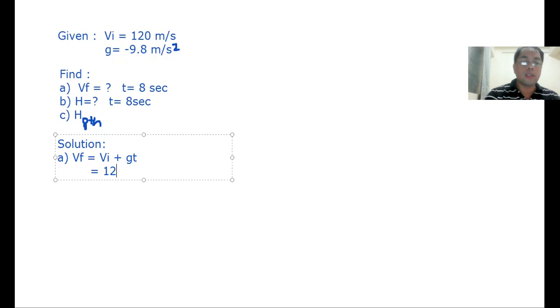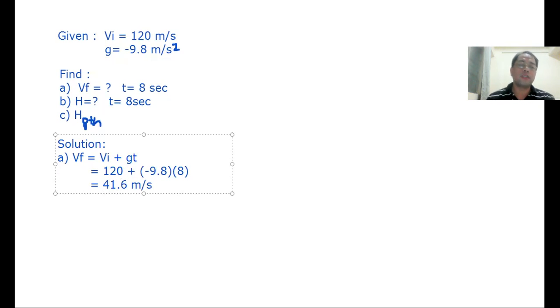So it's 120, the initial speed, plus negative 9.8, multiplied by time, which is 8 seconds. And our V sub F is 41.6 meters per second. So that's how fast the object will travel.